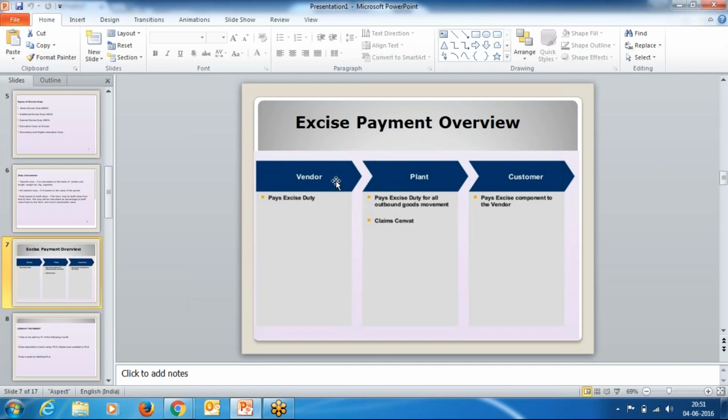So in that case, what will happen? If you have purchased something from the market and received excise of 10, and you sold it at a price where total excise payable is 20, your difference will still remain 20, because the product which you have purchased from the market is not cenvatable. You cannot consider cenvat for that particular product.